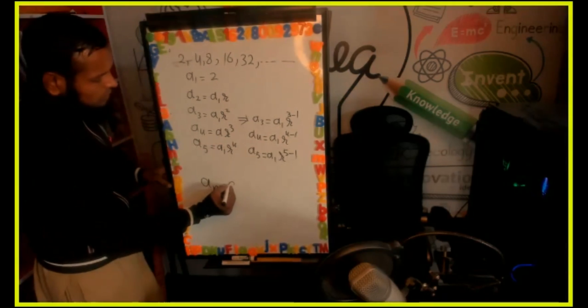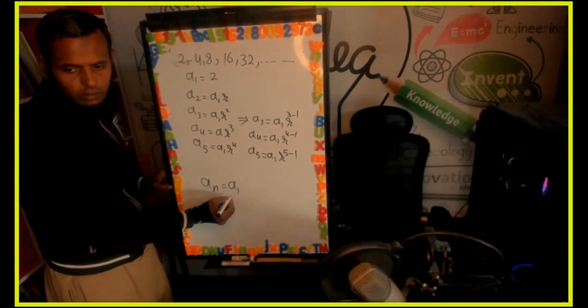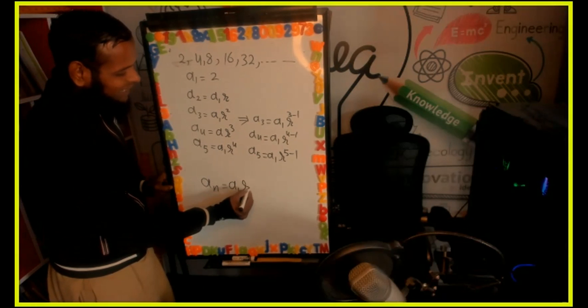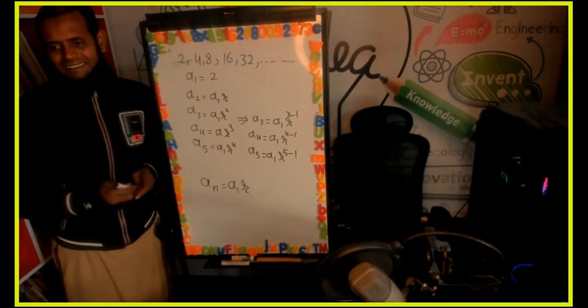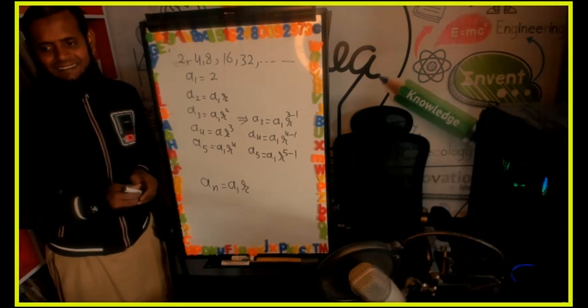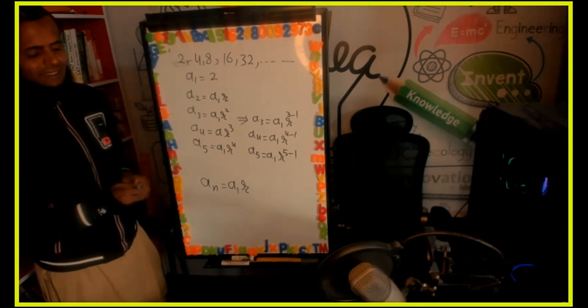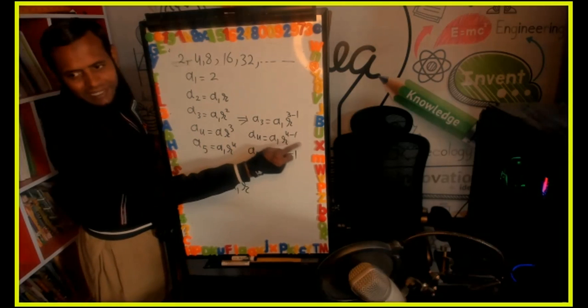A1. What will be the power of R? You understand? Here is 4, we are writing 4 minus 1.